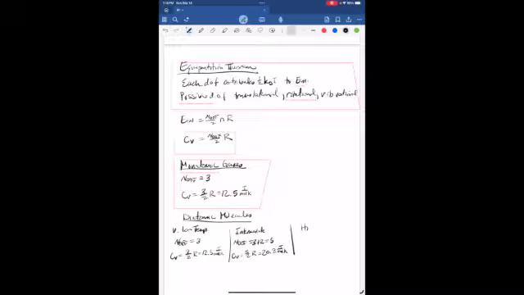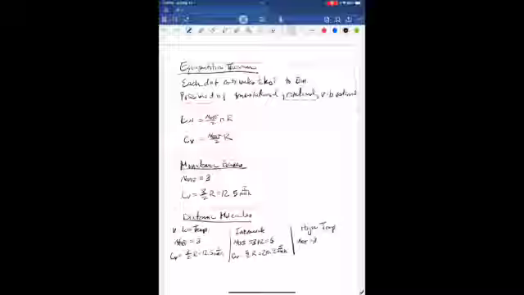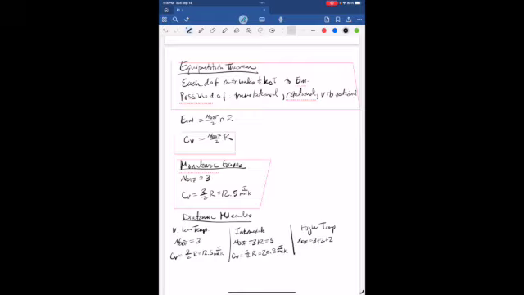Okay, high temperature. This is where you have translations, rotations, and enough energy to excite vibrational degrees of freedom. In this case, you've got 3 translations, 2 rotations, and now you've got 2 vibrations. The reason for 2 vibrations is that you have 1 vibrational motion, but you count both the kinetic energy and the potential energy.